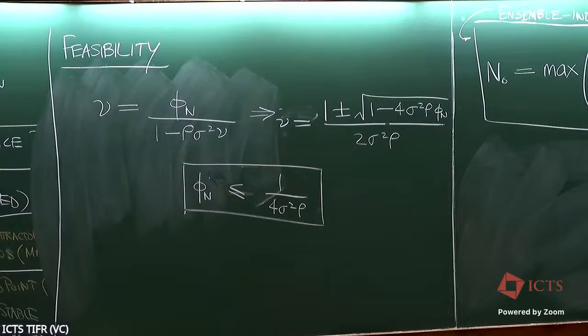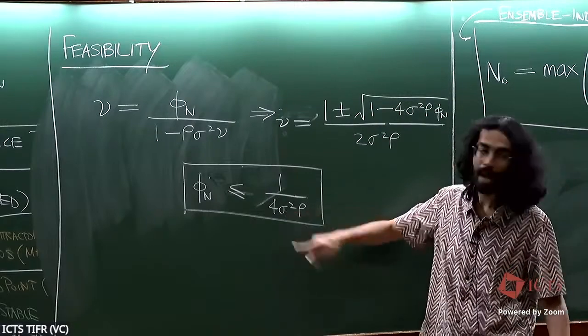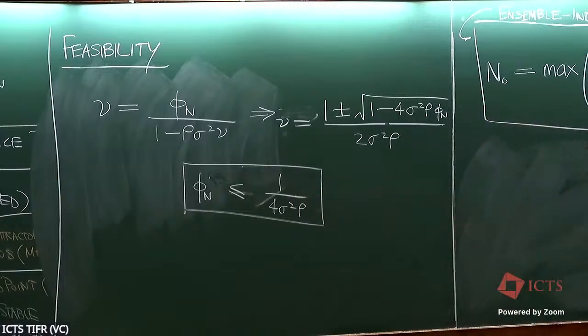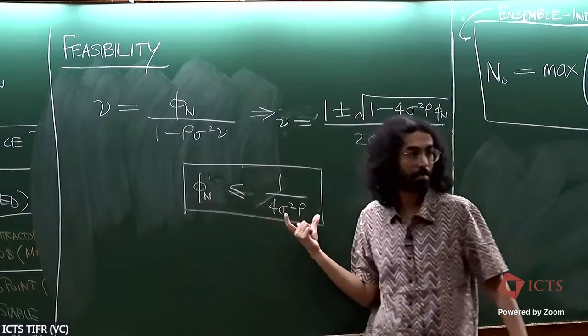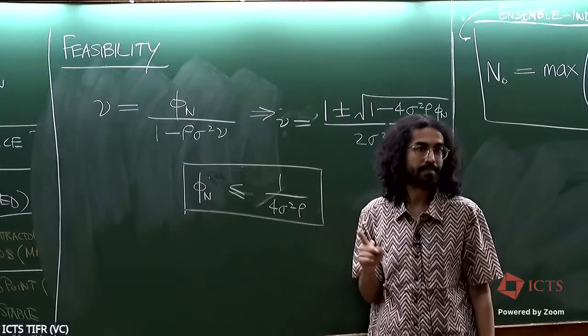But there are situations, especially imagine what happens as you make sigma larger and larger. What is that doing? It's making the interactions between species more and more different. If you do that, then there can be a point where you can pack the system up to some number, let's say 0.5 or 0.6, but then pack it no more.